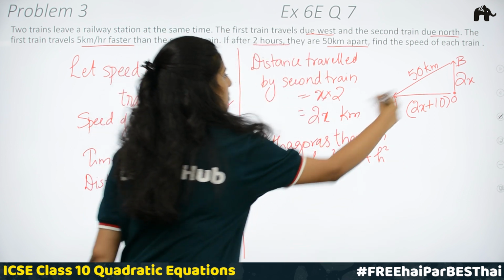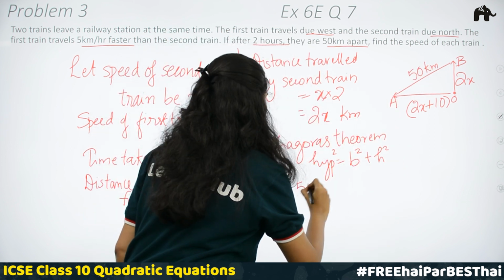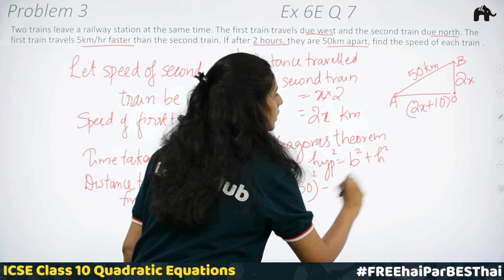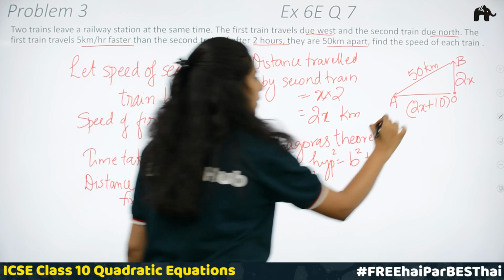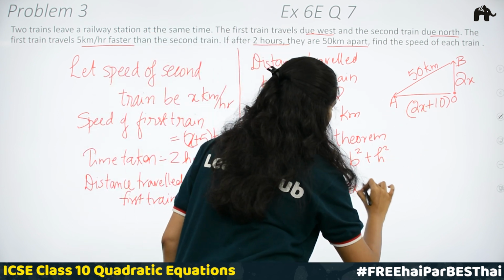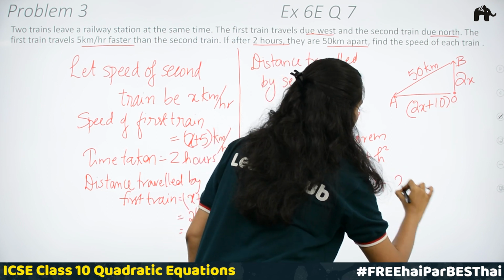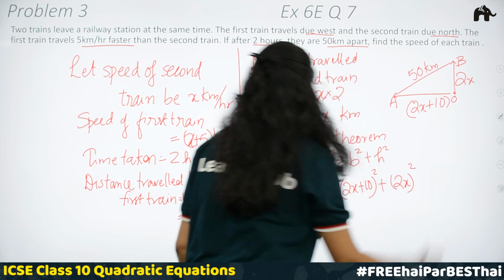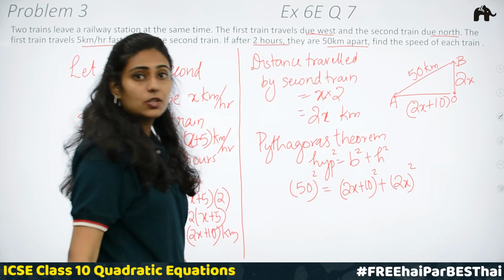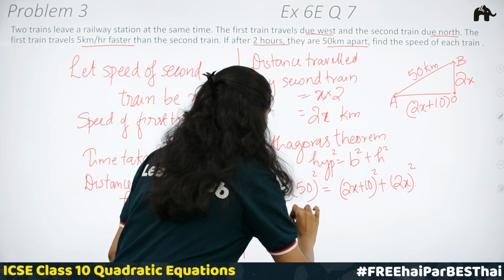Here, hypotenuse is 50. 50 whole square is equal to base 2x plus 10 whole square plus height, that is 2x square.